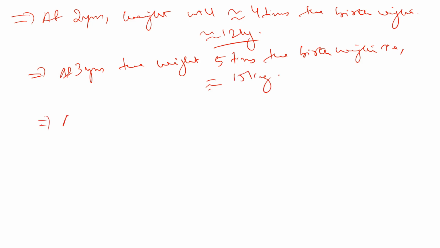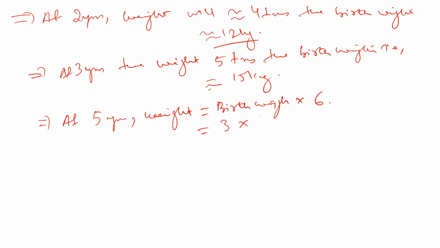At 5 years, the weight is the birth weight multiplied by 6, that is 3 kg multiplied by 6 equals 18 kg.